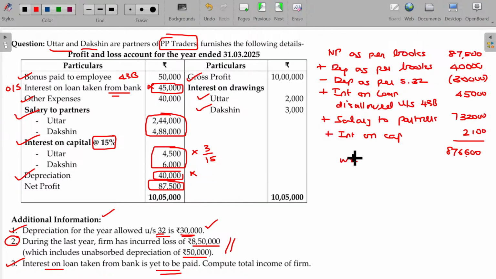Whichever is lower of: one is unabsorbed depreciation, or the PGBP calculated here for the taxability minus brought forward business loss.